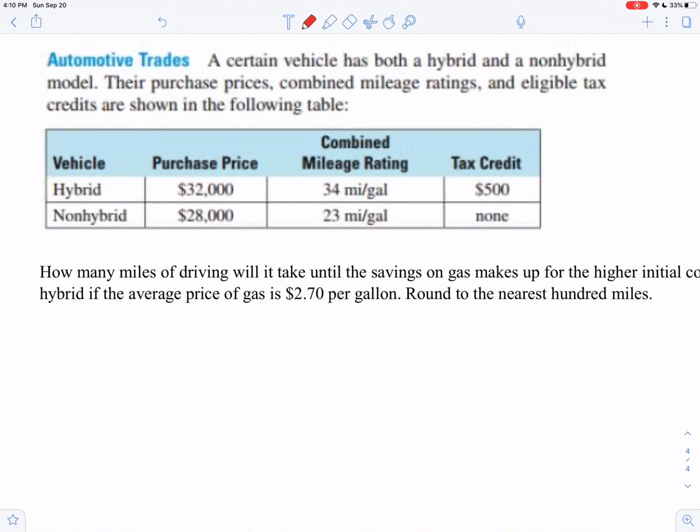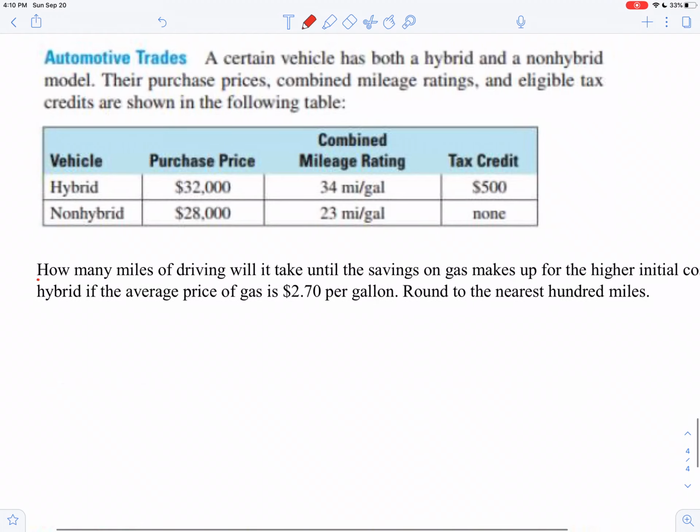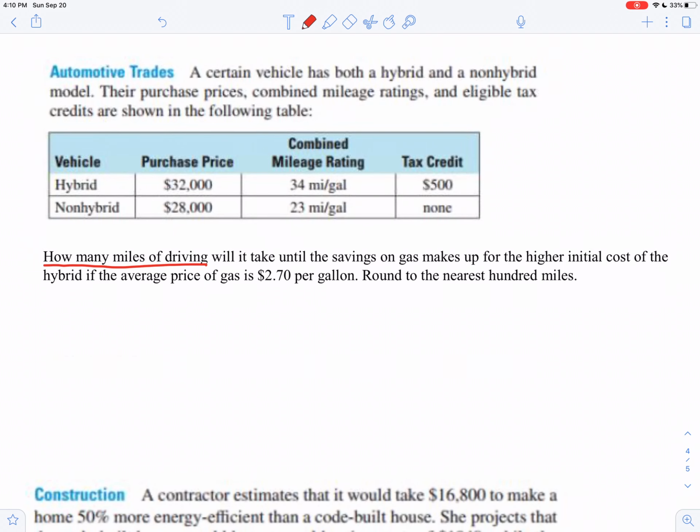The question says, how many miles of driving will it take until the savings on gas make up for the higher initial cost? So first, I'm going to compare the initial cost and figure out what that difference is that I'm trying to make up.